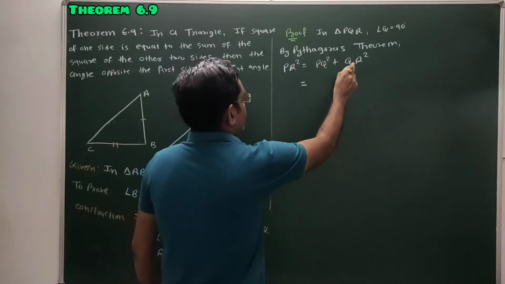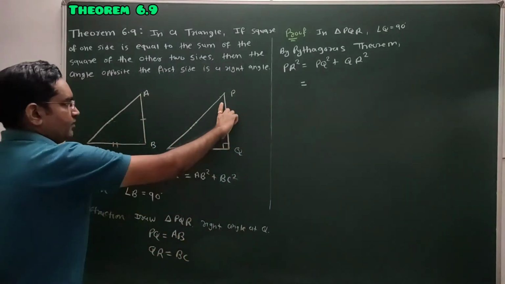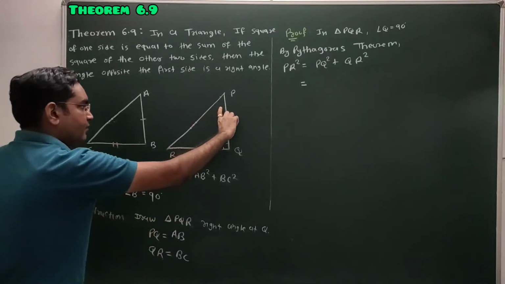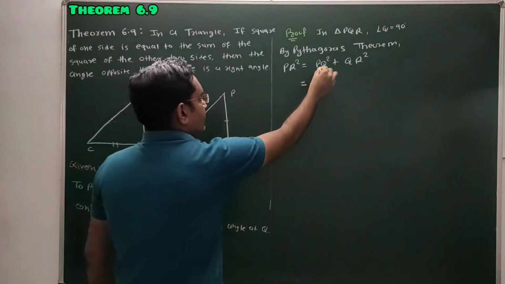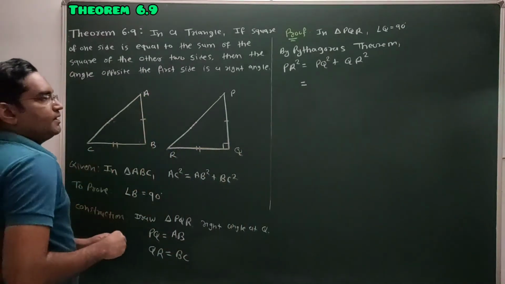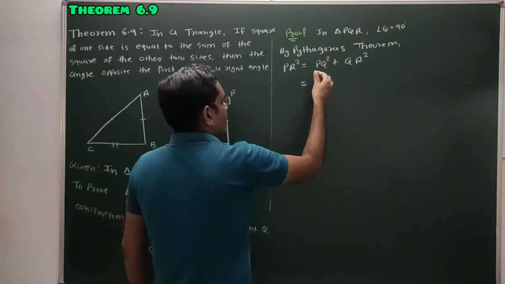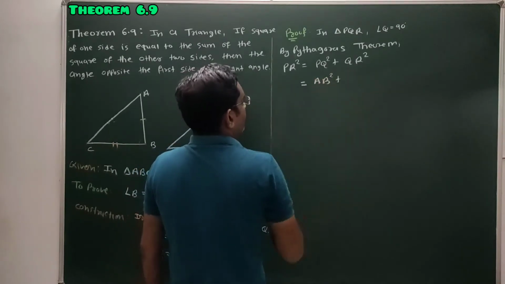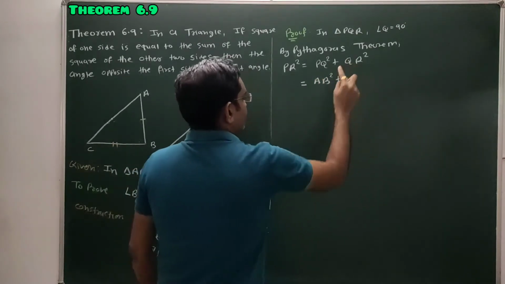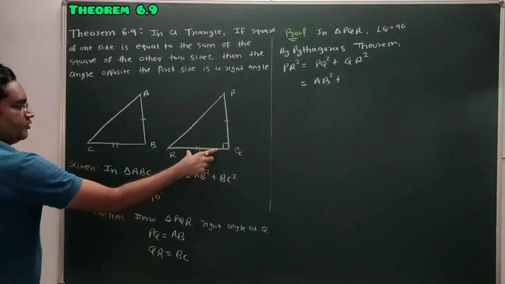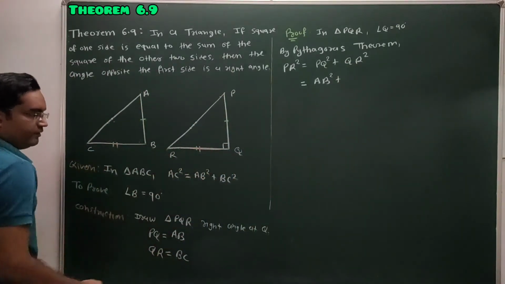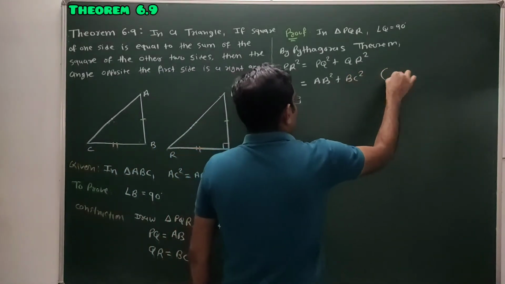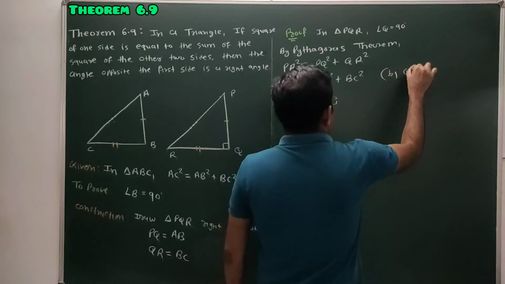In PQ square plus QR square, we can write PQ equal to AB, because in construction we have taken PQ equal to AB. So replace PQ with AB, and hence PQ square equals AB square. Similarly, the length of QR is equal to BC by our construction, so QR square equals BC square.